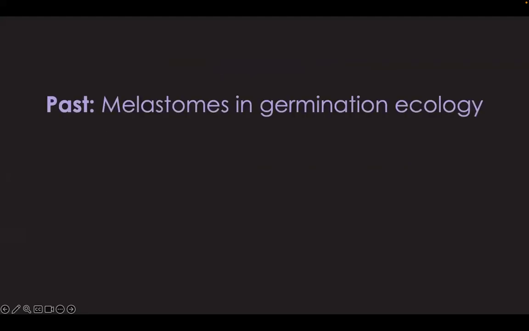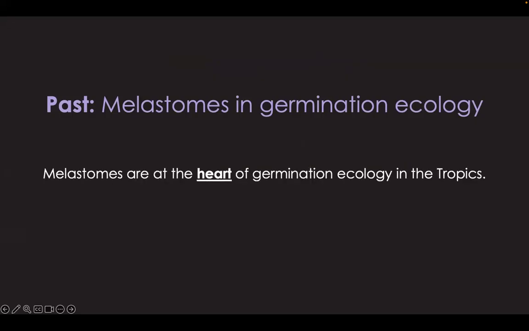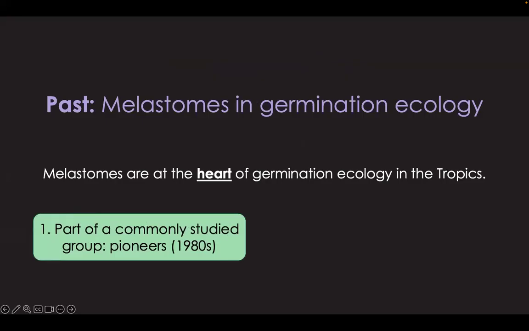So, talking about the past, the history of melastomes in seed germination ecology in the tropics, I want to believe that melastomes are at the heart of germination ecology in the tropics, because in the first studies around the decade of the 80s, you always have a melastome in all these classic and seminal studies about germination ecology, especially because most melastomes are part of this commonly studied group that are pioneer plants.